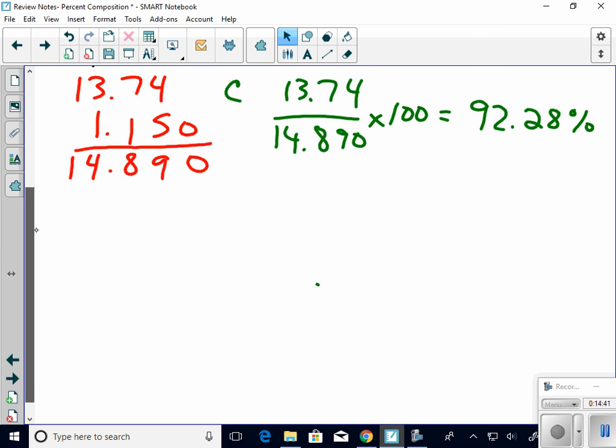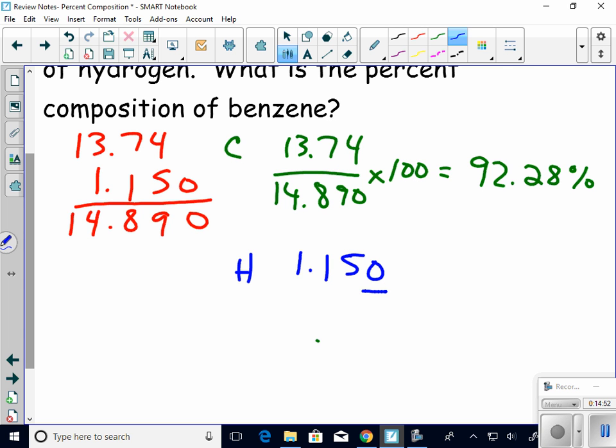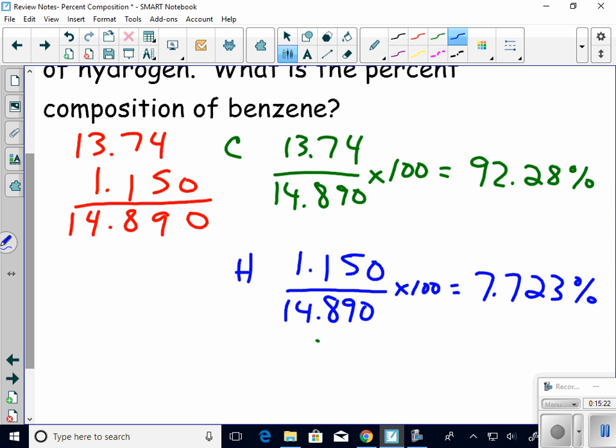So I have done my carbon. Now I am going to do my hydrogen. So hydrogen has 1.150 out of the 14.890. Multiply that by 100 to put it into a percentage. And that gives me 7.723 to 4 sig figs.